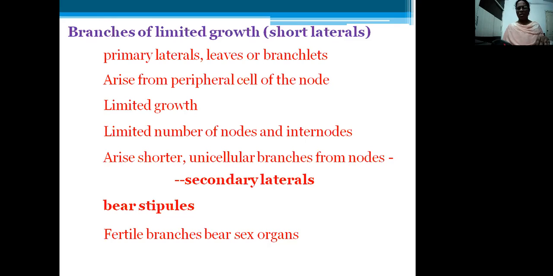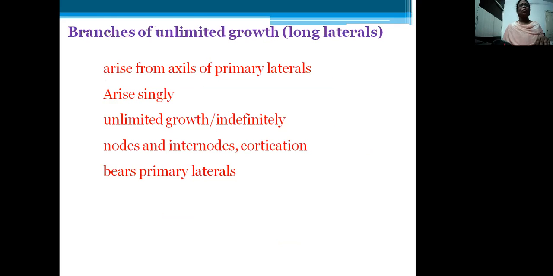They are also called branches of unlimited growth, or long laterals. They arise from the axils of primary laterals, which are present at the nodal region in the form of a whorl, around the node.